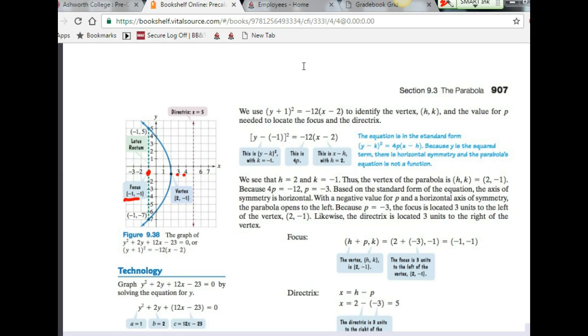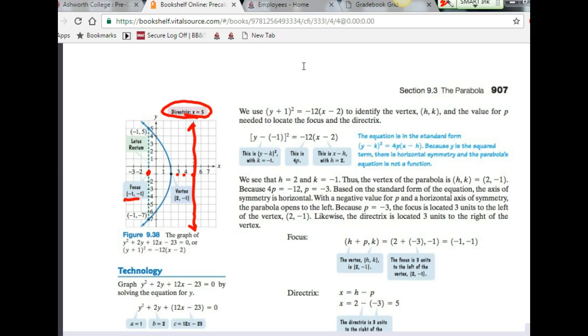If I go 3 places to the right, that's where my directrix is going to be. Now, the directrix is not a point. The directrix is a line. As you can see right down through here, this is a line called the directrix. Because it's going vertically through x equals 5, that's what the directrix is, x equals 5, and that's how you can find it.